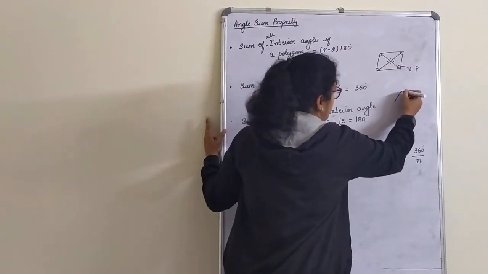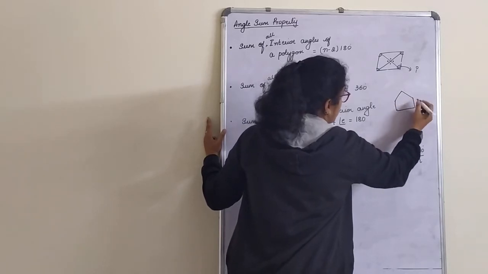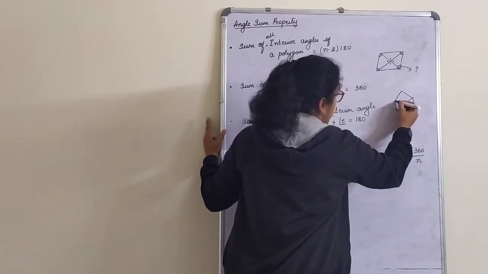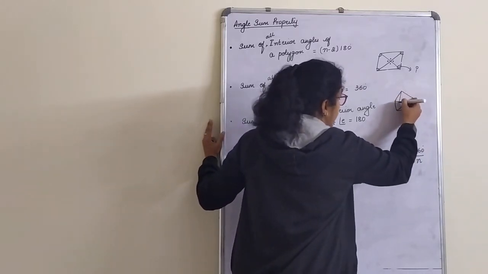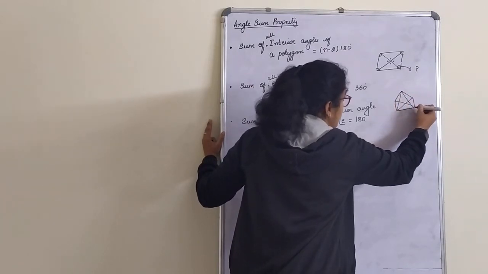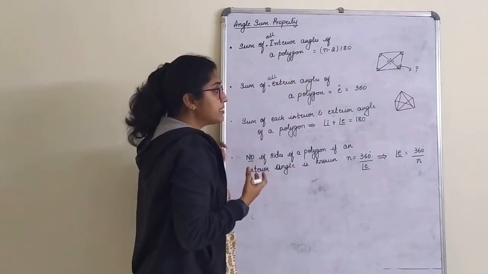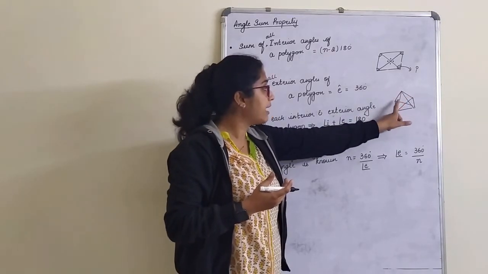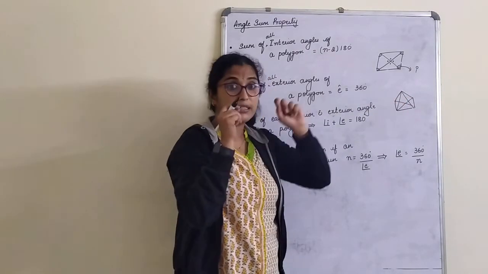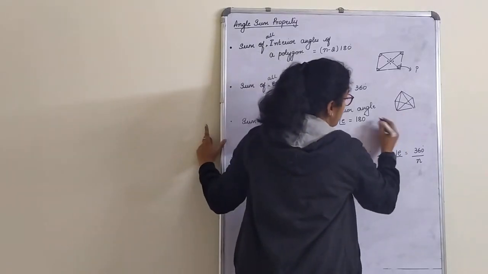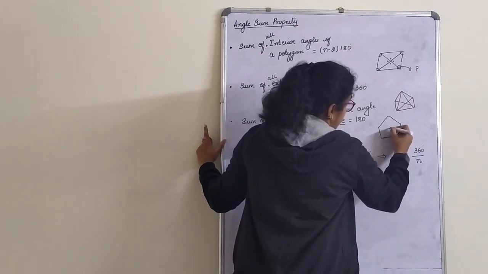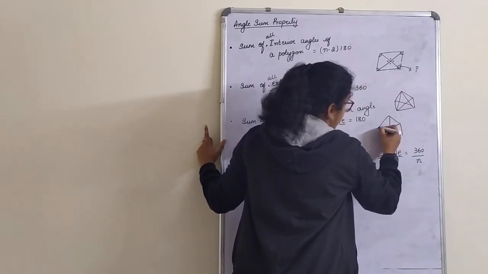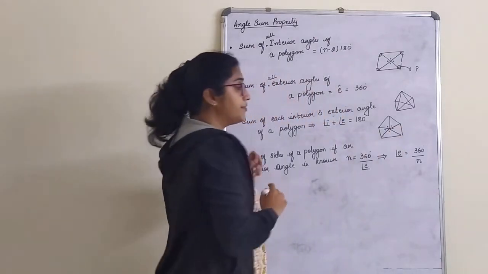What if I take a pentagon now? I can join this vertex, then any other vertex, the opposite vertex, I can join here. All the exterior angles, when we talk from the center, if I consider this as the center, this part is called an exterior angle of a pentagon.